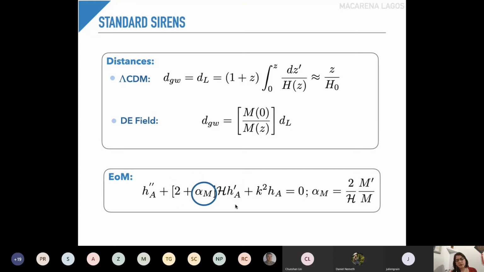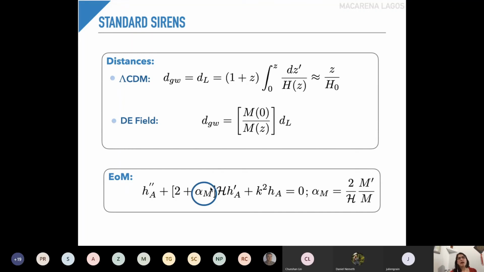And you always, even in LCDM, get a term like this, proportional to H, which is the Hubble rate. And this is just telling you that the amplitude of gravitational waves feel this additional friction and decay extra when they propagate over cosmological distances, simply because the space is expanding.